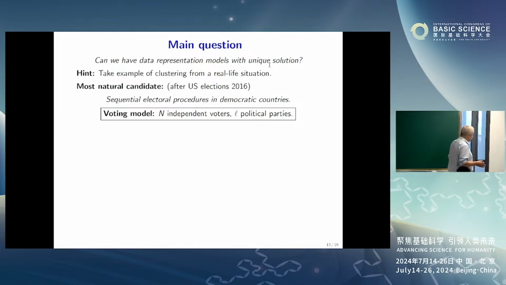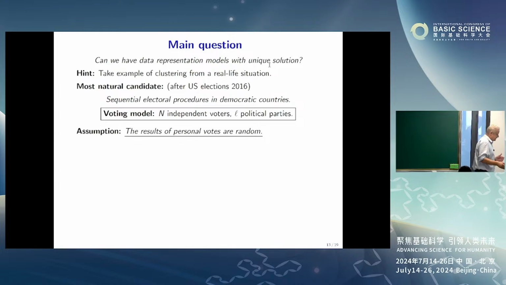Everything is evident. So we're going to several parts. The assumption is that the result is random. Random means that we have parties, but there also exist non-zero probabilities.